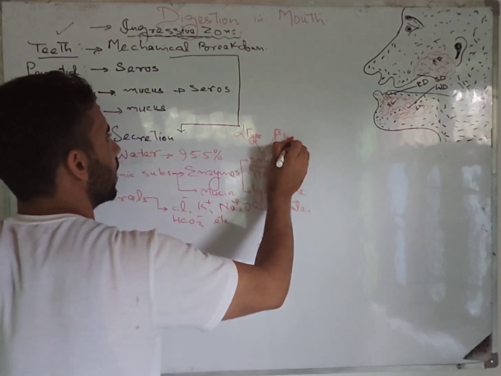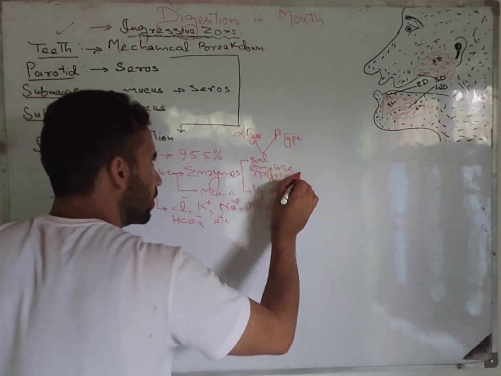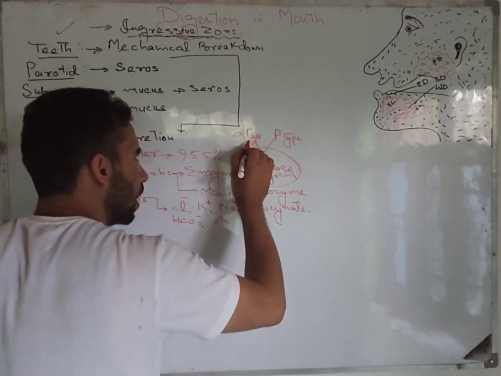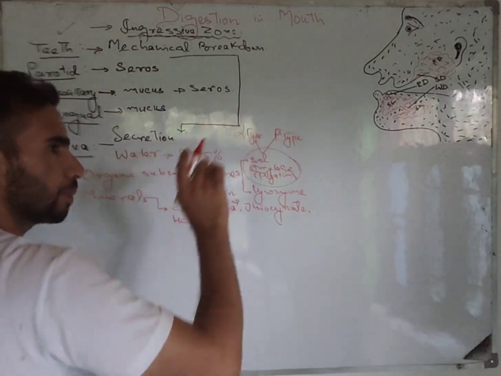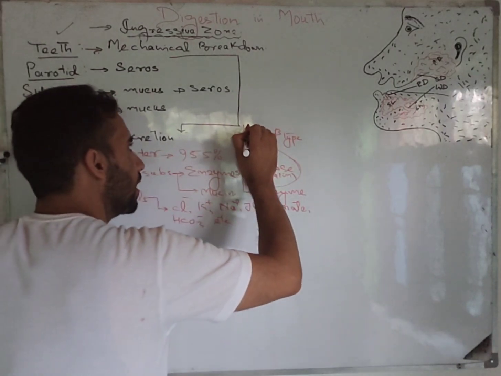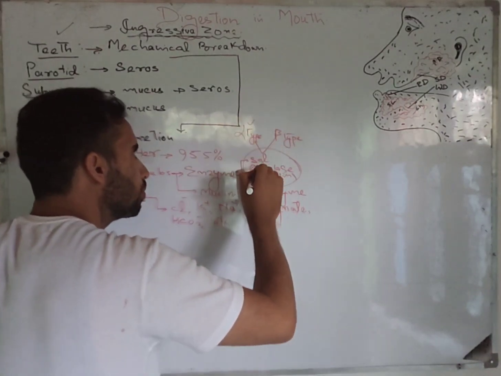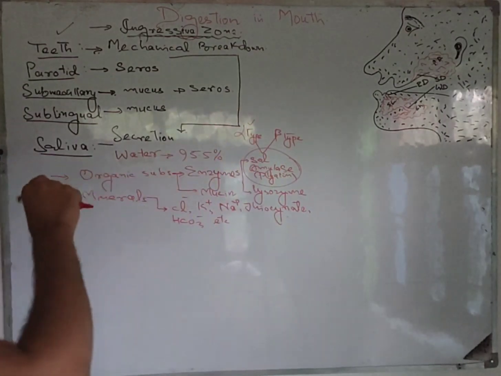Alpha amylase is the most predominant in comparison to beta amylase in our saliva.